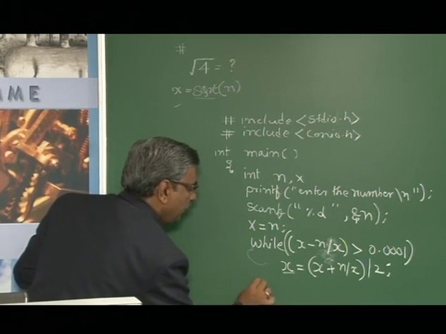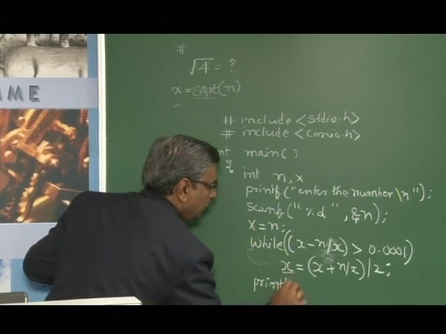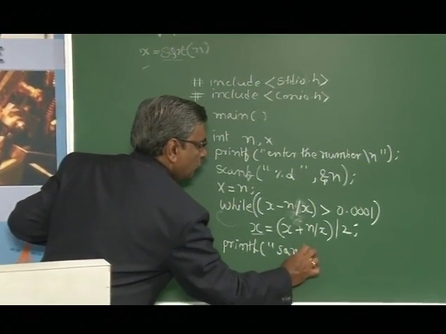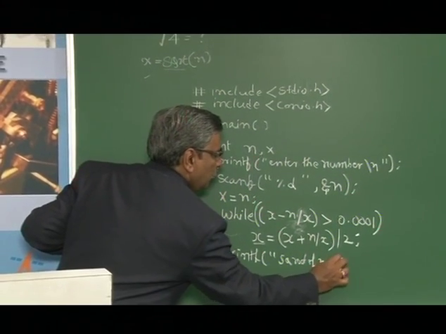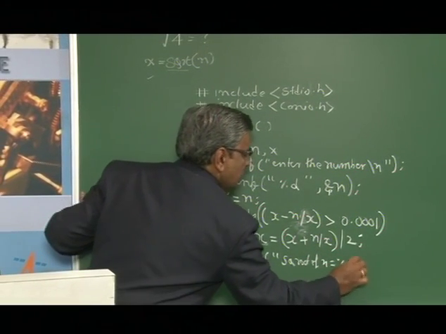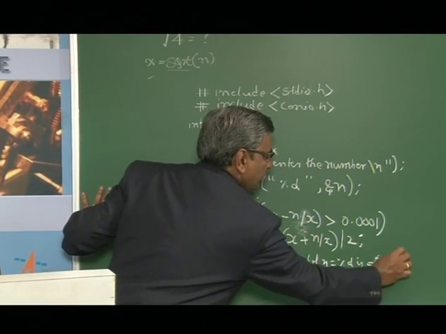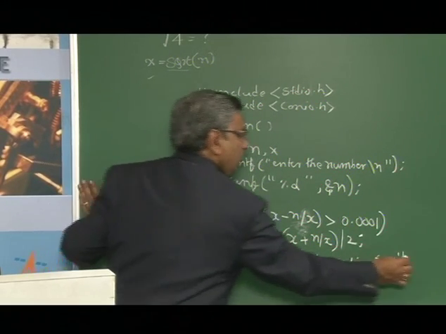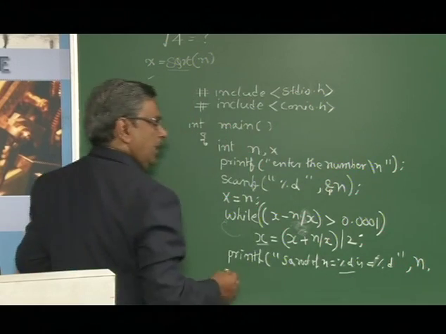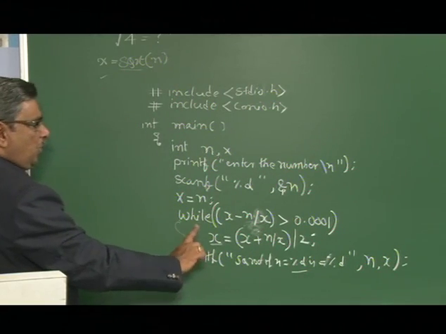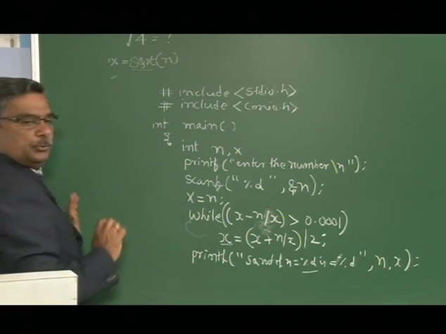You print that: printf square root of n equal to percentage d is percentage d. Here you print the value of n and the value of x. So in the output you will get square root of 4 is 2.